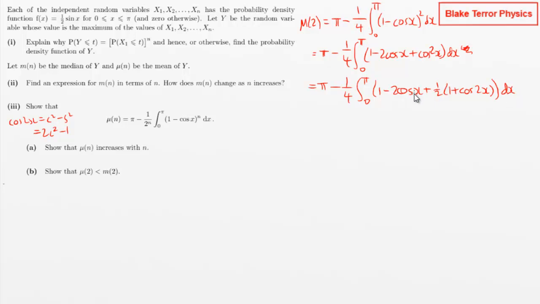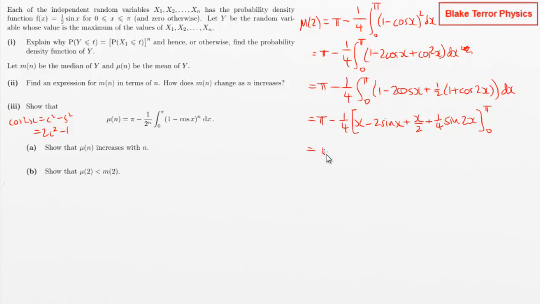Right, so now we're on to something that I can actually integrate. I've still got minus a quarter, then square bracket: that's going to be an x, minus 2 sine x, and then an x over 2, and then a quarter of sine 2x, from 0 to pi.